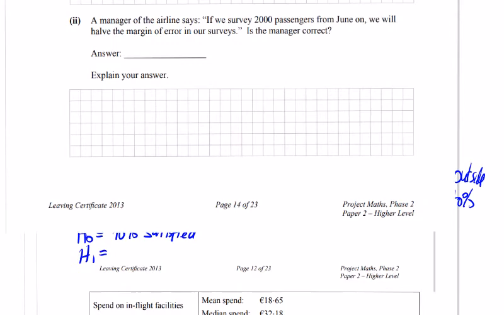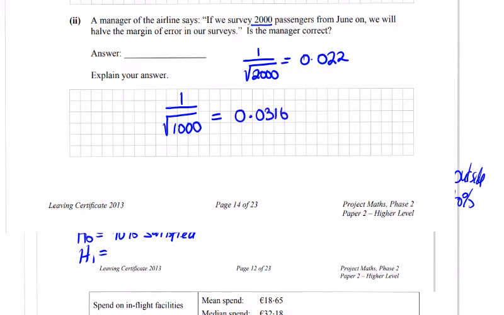A manager says if we survey 2,000 passengers from June on, we'll halve the margin of error. Is he correct? Well, we know he's not correct here because we've got square roots involved. 1 over the square root of 2,000 is equal to 0.022 and 1 over the square root of 1,000 was 0.0316.